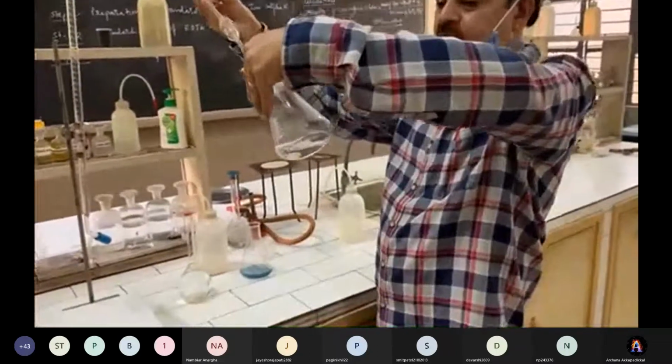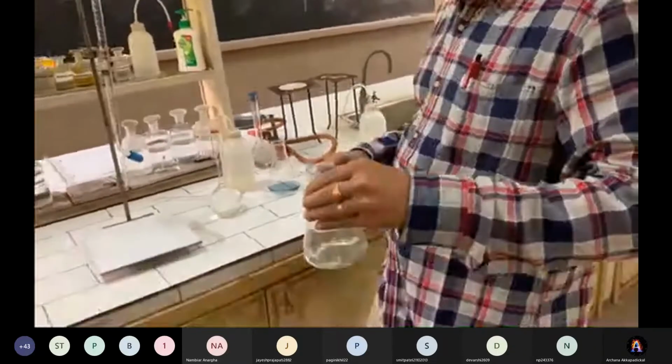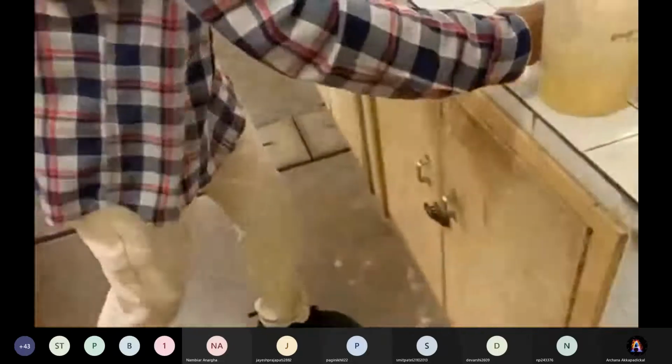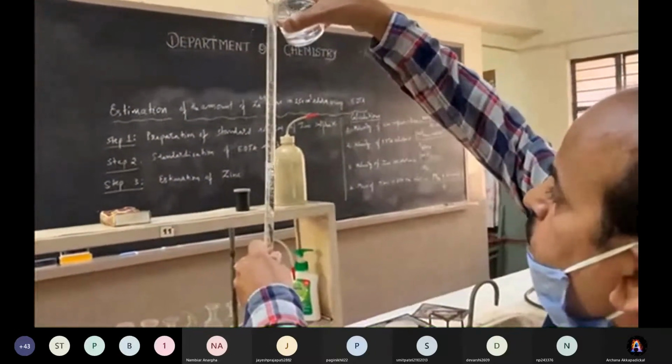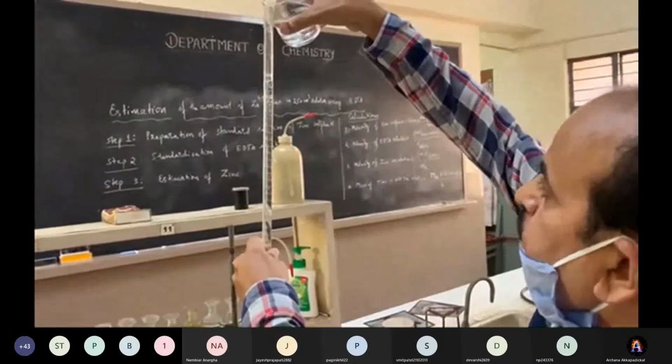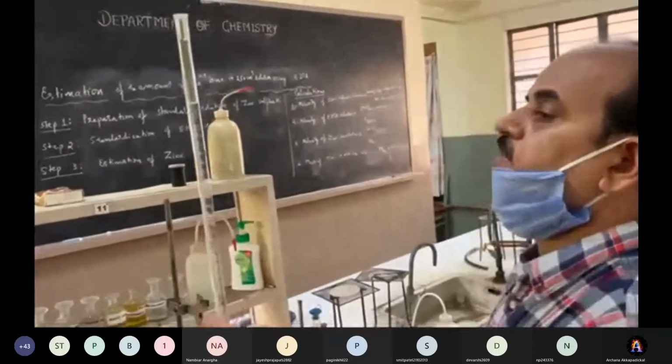Okay, so finally, I touch the upper part of the conical flask, so that now it is completely taken inside the conical flask. Now I have to fill the burette, because every time when I start a titration, we need to start from 0, because we will have a uniform error.